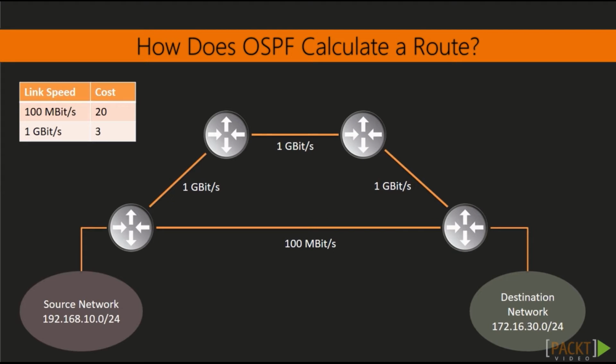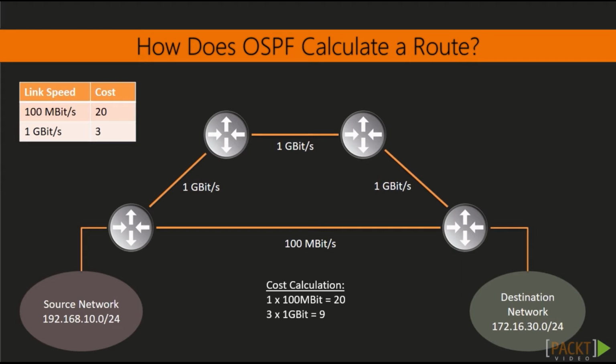So if everything is up and running, the router just does a simple cost calculation. It says, if I go from the left to the right side, the 100 megabit connection has a cost of 20, or if I use the northern route with the gigabit interfaces, I have 3 times 1 gigabit, and that leads us to a total cost of 9.